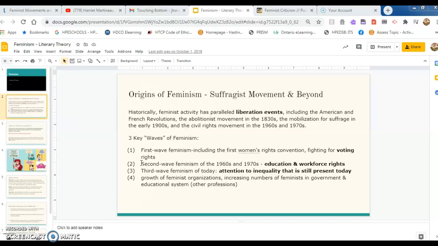So if you wanted to become something more than a high school diploma would allow you to, during the 50s and 60s, women actually were not allowed in most universities, including Canadian universities. And so women realized that if they wanted a job in the workforce, if they wanted to pursue careers that needed higher education, they were fighting for the ability to attend higher education and to be able to have access to those rights.